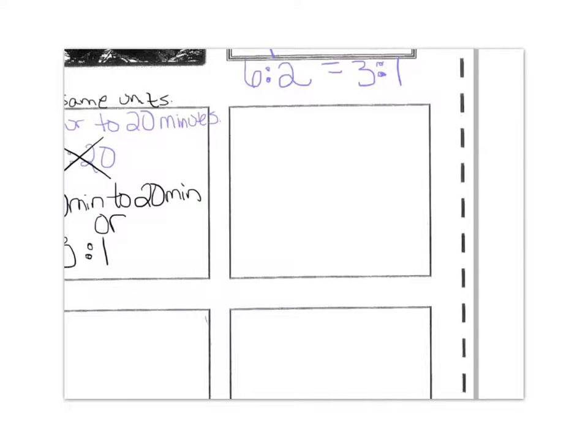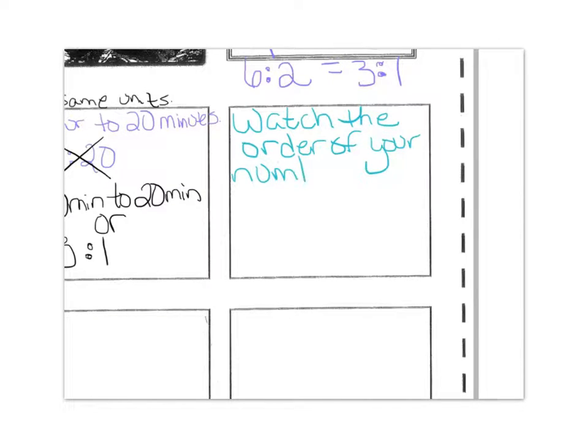Now, the next tip that I want to write down is that we need to watch the order of our numbers, okay? This is a piece of advice. Watch the order of your numbers. If a problem asks, let's see, I'm going to give an example here.